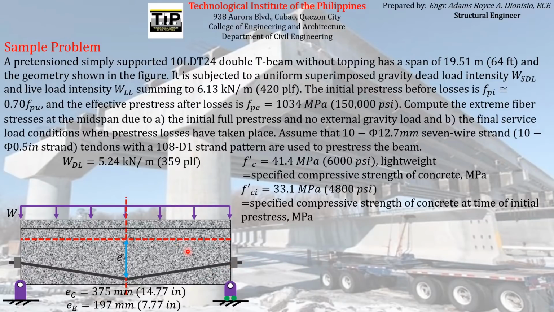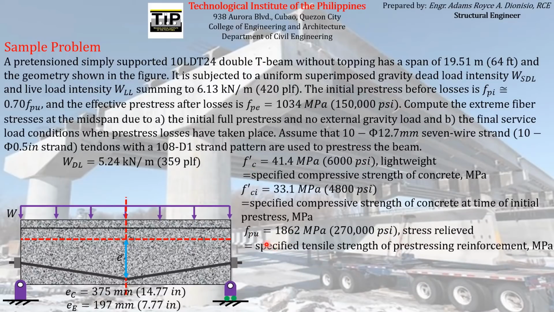And again, we know for a fact that that magnitude of compressive strength has a lesser value than the specified compressive strength, because at the time of transfer, the concrete element still doesn't attain its full compressive strength FC prime. So obviously that value will be lesser than FC prime.